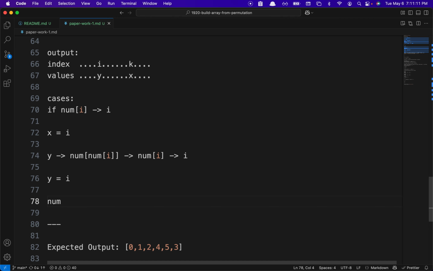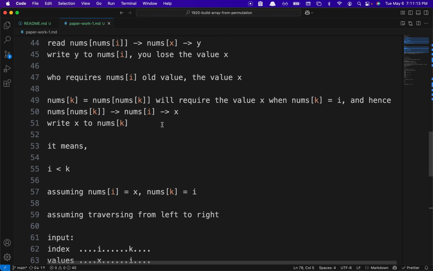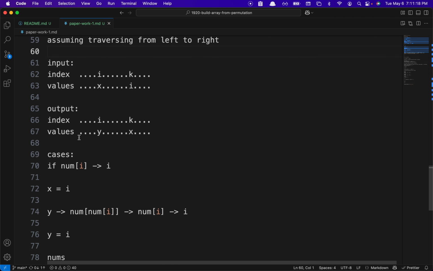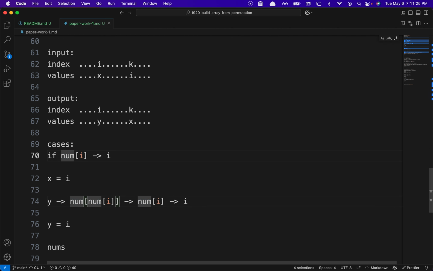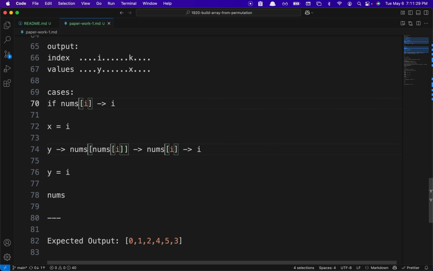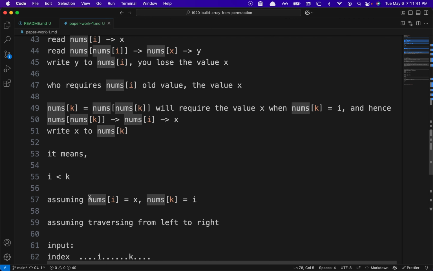Sorry, actually it's not num, it's nums. So I should start using nums. So nums of k is i. What is nums of k is i?